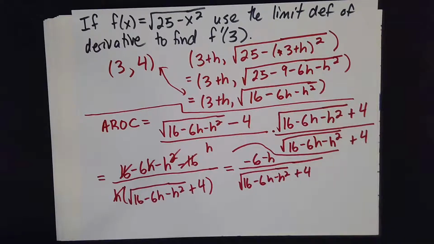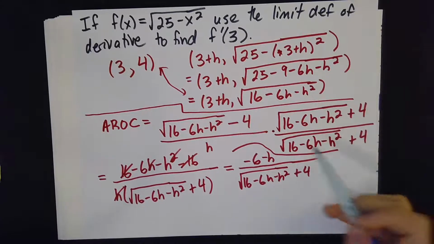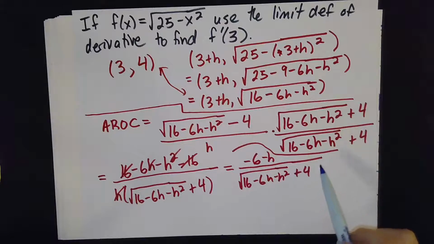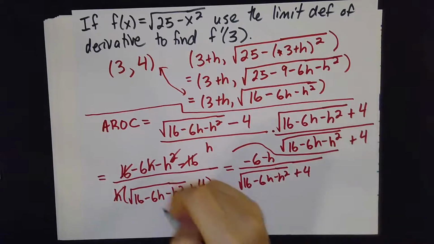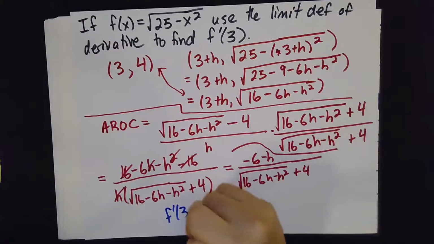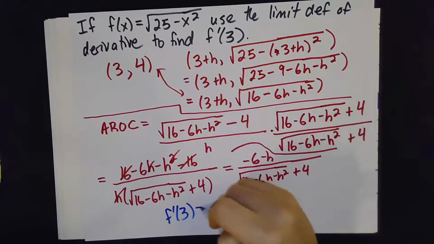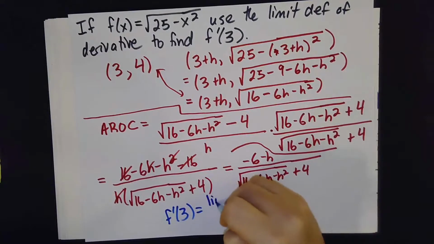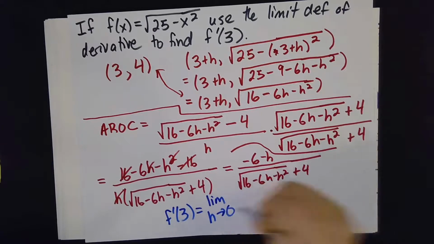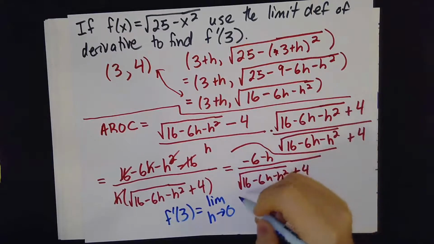Okay. And so once you've gotten here, all that you need to do to finish the problem is take a limit. So f prime of 3. And in the case of derivatives, that limit is always the limit as h goes to 0 of this thing.